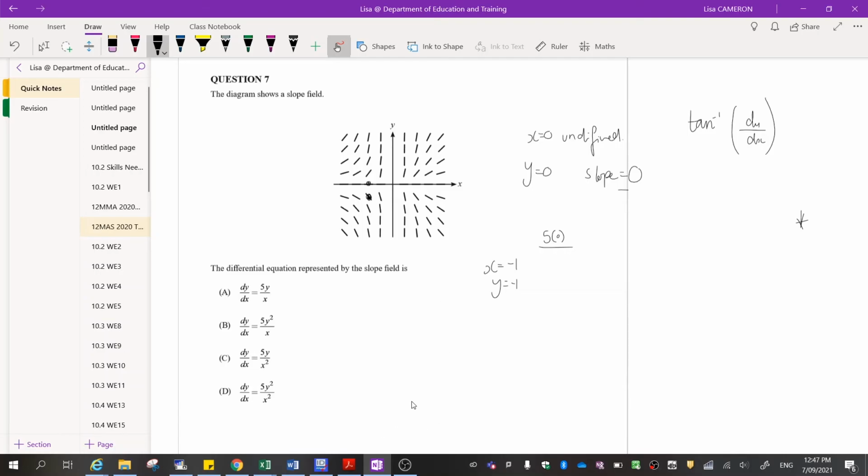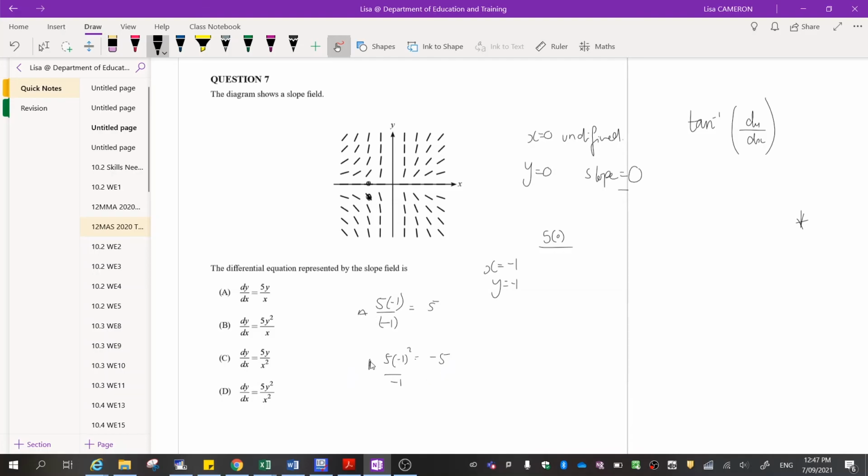So let's start trying some things out. So if I put it into the first one, I'll end up with 5 times -1 over -1. And that's going to give me +5. Then I'm going to chuck it in this one. So 5 times (-1) squared over -1. So that's going to be equal to 5 times +1 over -1, so -5.